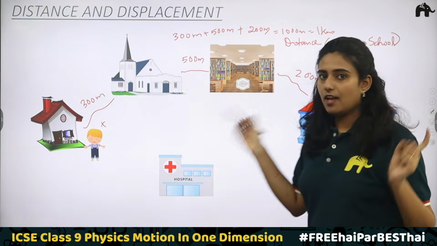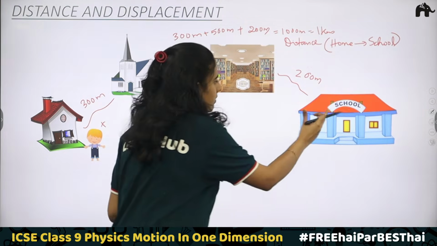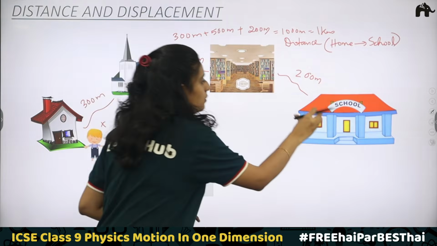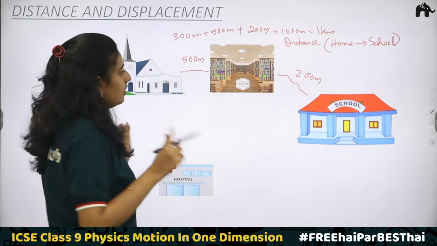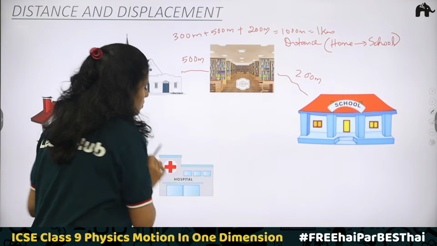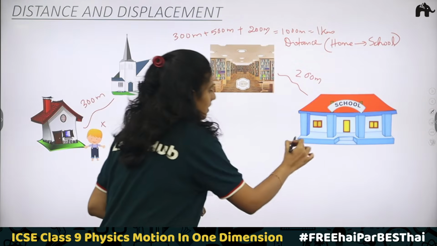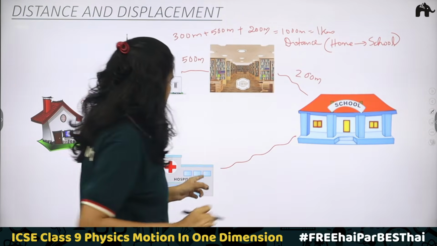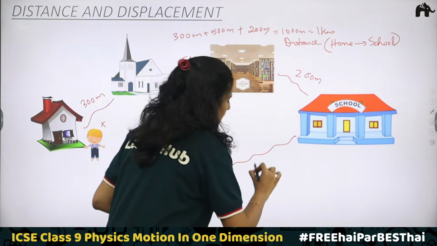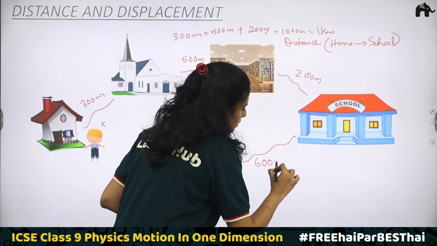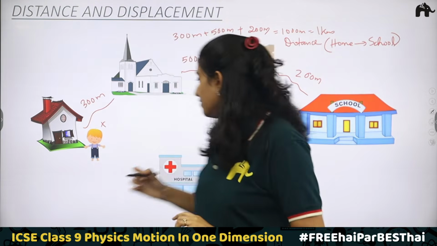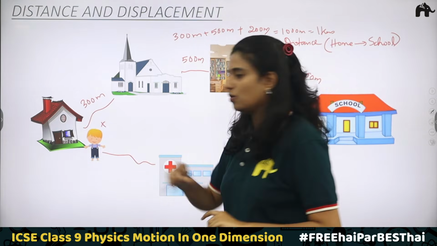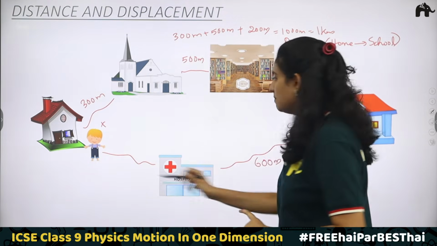Okay, now after class in the evening, what is he doing? He is going from school to home. Now he plans to go through the second path, that is, he first reaches the hospital. Okay, let's say hospital is at a distance of 600 meters. Then from hospital he can go to his home. Okay, this is the second path.